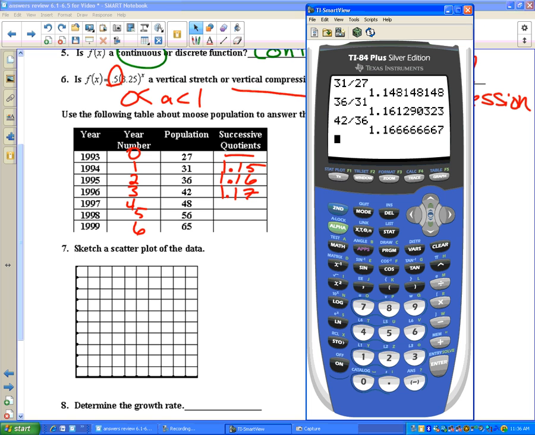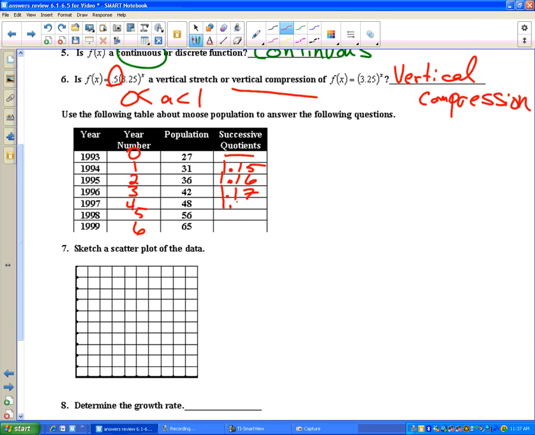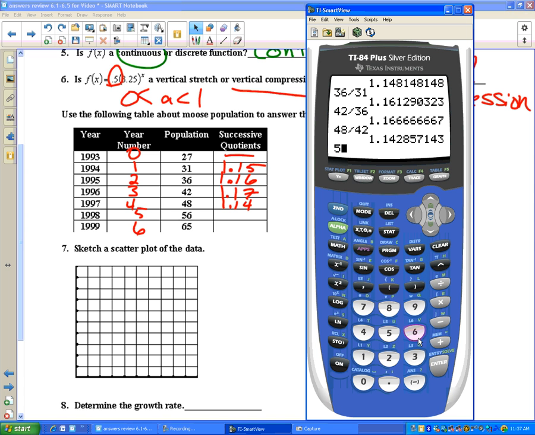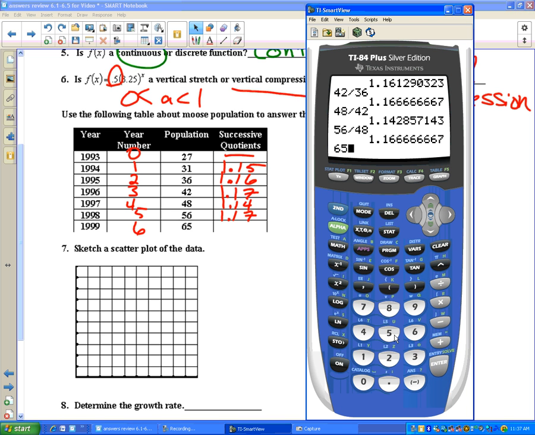And then 48 divided by 42 is 1.14. And then 56 divided by 48 is 1.17. And then 65 divided by 56 is 1.16.